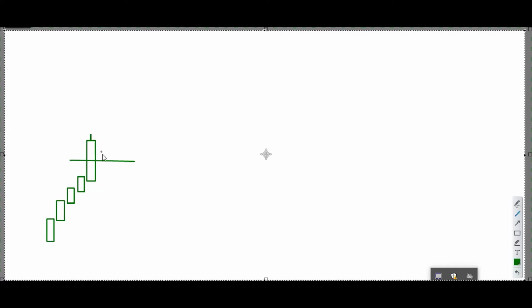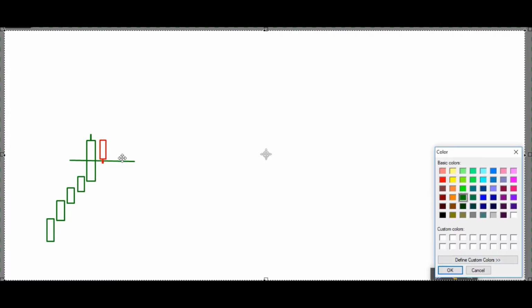So if the next candle comes down like this, I am showing here, comes down from this place and exactly closes here, the next candle obviously goes up because it's now an uptrend. So the next candle obviously goes up.